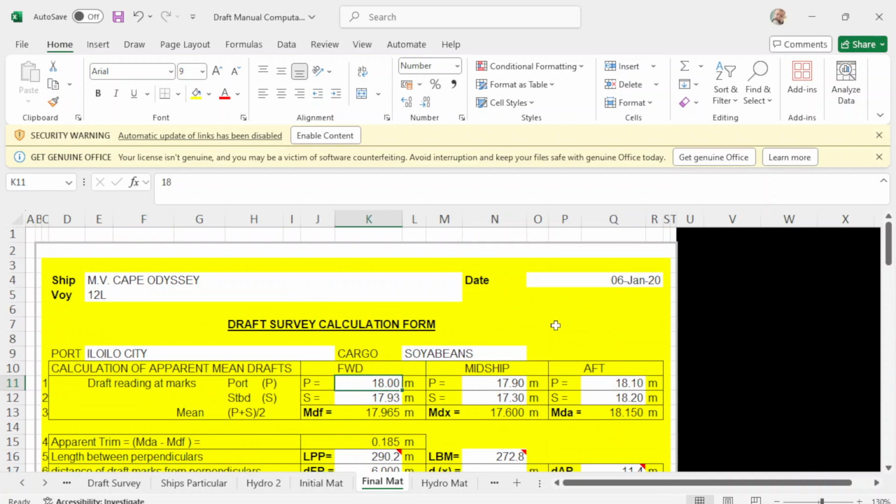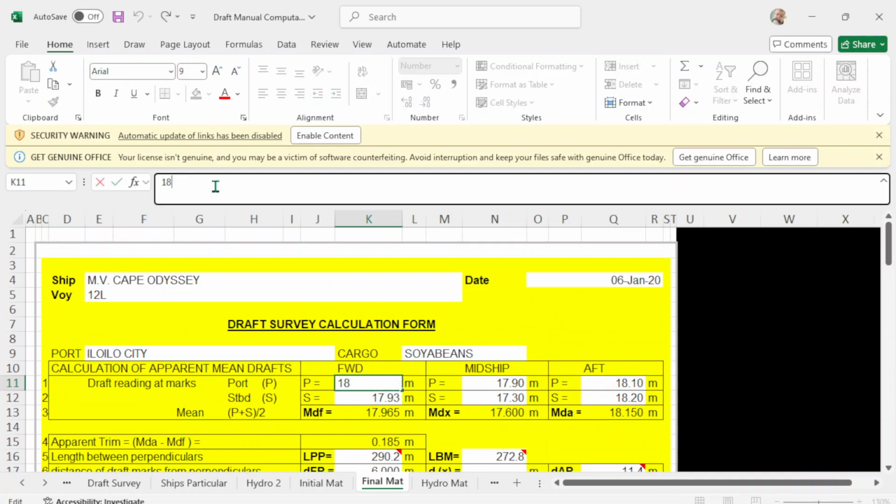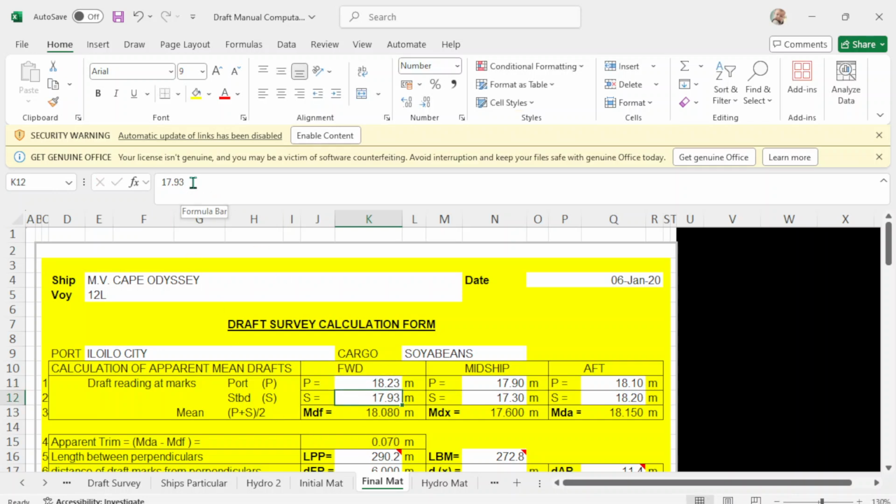Okay. So we go up. The draft is even keel of 18.23. Forward 18.23, forward starboard 18.23, and midship is 18.23, mid starboard is 18.23, and aft is 18.23, and your aft starboard is 18.23.